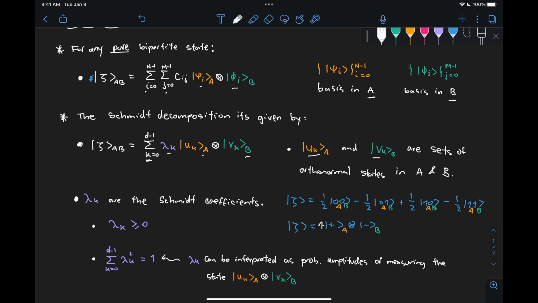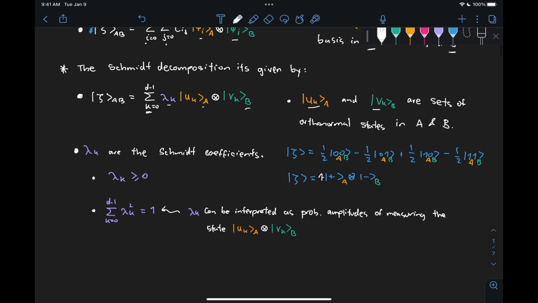That would obviously be true if we perform the measurement in this basis, u sub k and v sub k, not in the computational basis. So we're representing the state in a form where we have a sum of some basis states pre-multiplied by these lambda sub k's, which can be expressed as probability amplitudes.